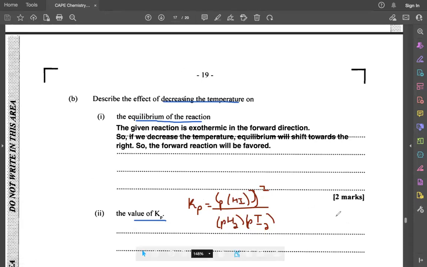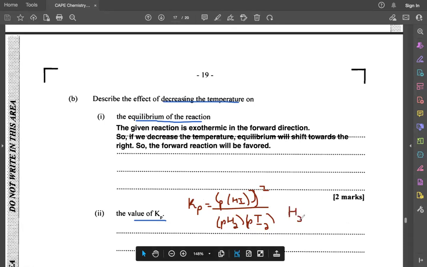So let me jot that equation here again for completeness: I2 gas is going to be in equilibrium with that 2 moles of HI gas. So when we drop the temperature, as we said, the equilibrium is going to shift to the right, and it's going to favor the production of these products.